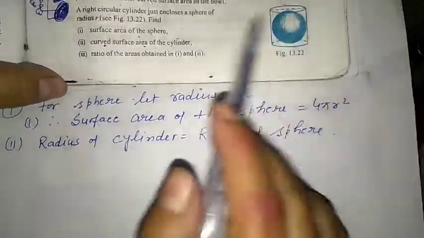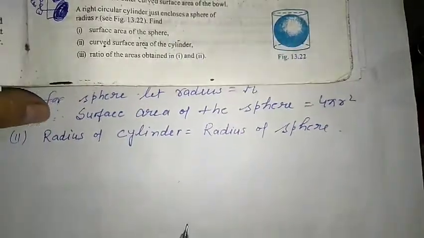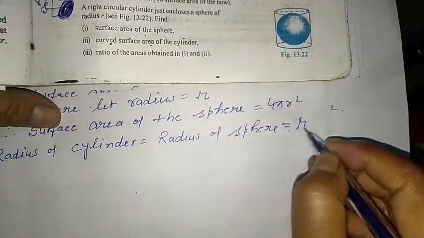Right circular cylinder just encloses a sphere of radius r. So radius of cylinder is equal to the radius of the sphere, that is equal to r.